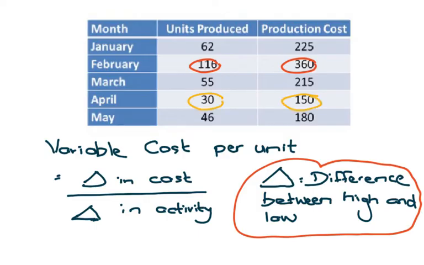This means that the triangle is the difference between 116 and 30, and 360 and 150. Remember, above the line we have the difference between the high and low in cost. So that will be the 360 less the 150. And then below the line we have the difference, the triangle, in activity. So that will be the 116 less 30.